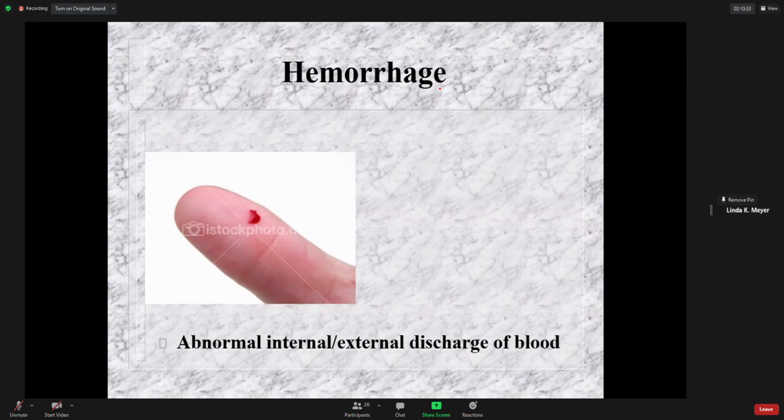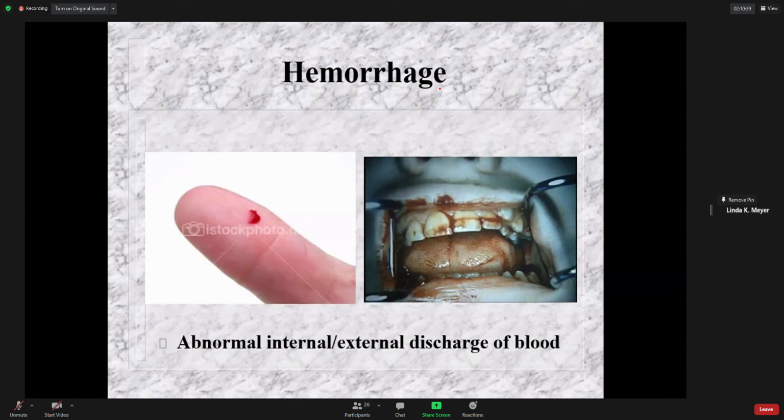It can be very minor or it can be life-threatening. The person on the right is that patient with hemophilia, that genetic disease where they are prone to abnormal bleeding in joints and even when there's trauma to the oral cavity.